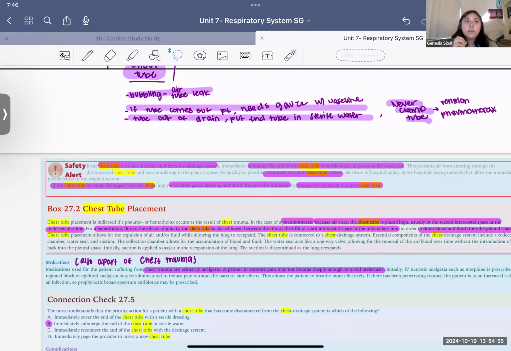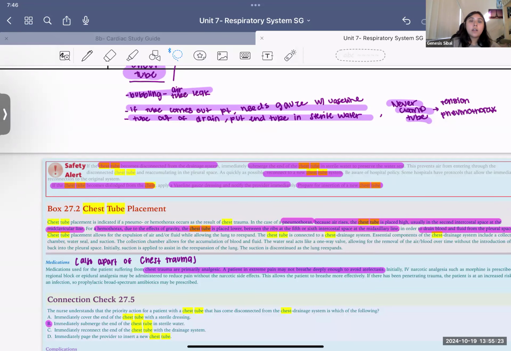So now, if you walk into a room and the tube is disconnected from the drainage system, but it's still connected to the patient, you're going to get the sterile water and that bottle, and you're going to put that tube into the actual sterile water. The reason why is because we're talking about gas exchange happening from a place of positive pressure to negative pressure.